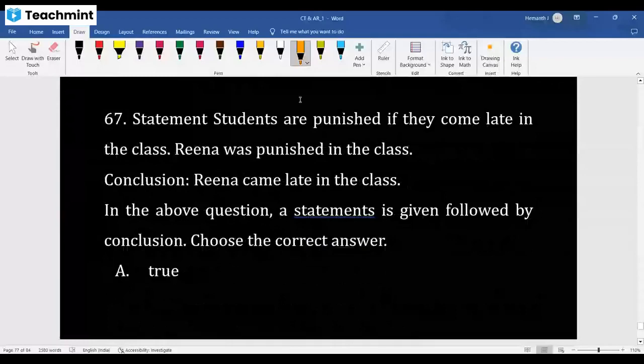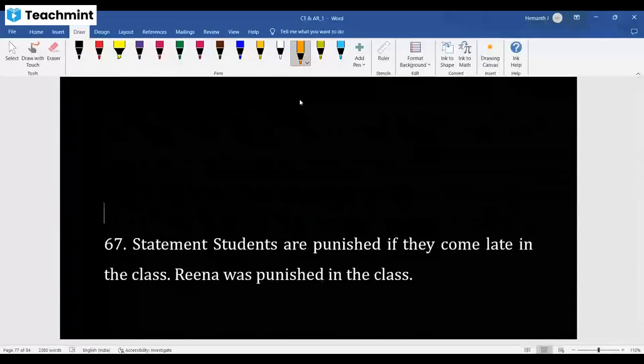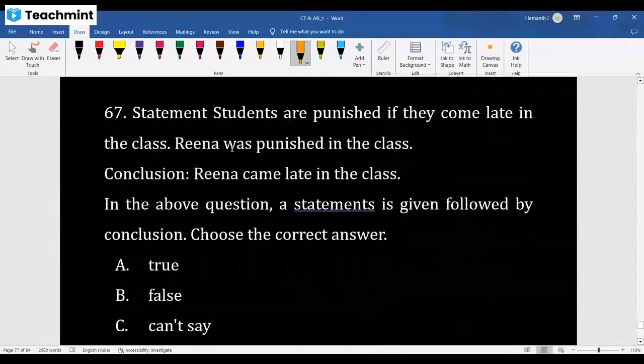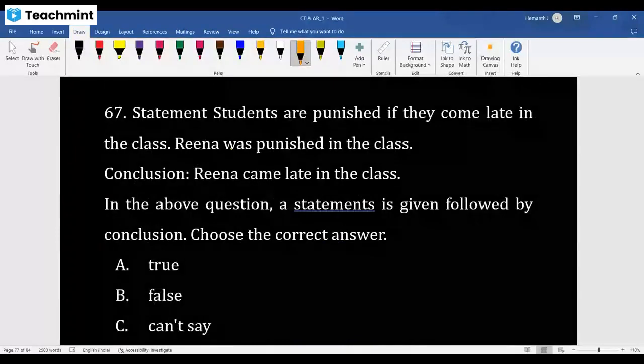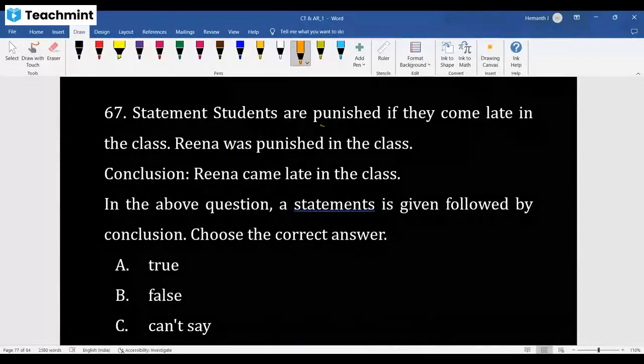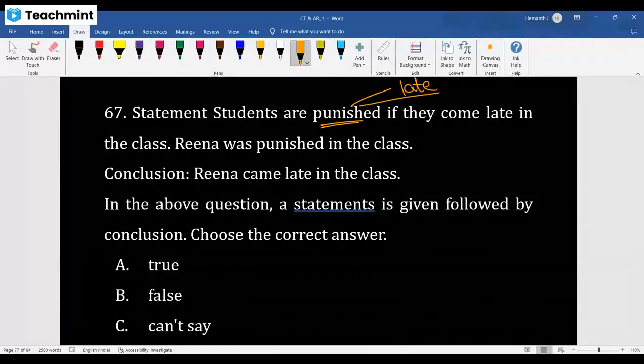Students are punished if they come late in the class. Reena was punished in the class. And see, in the question they didn't mention students are punished only if they come late in the class. Reena was punished in the class doesn't mean Reena came late. Punished may be for being late or maybe for being undisciplined.